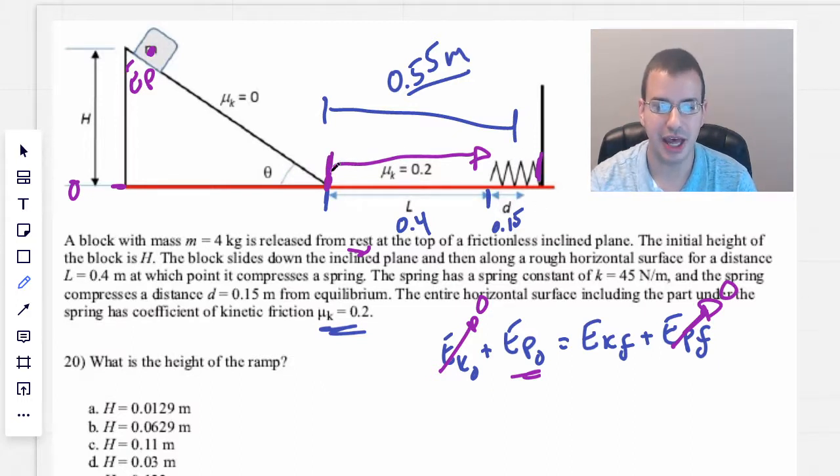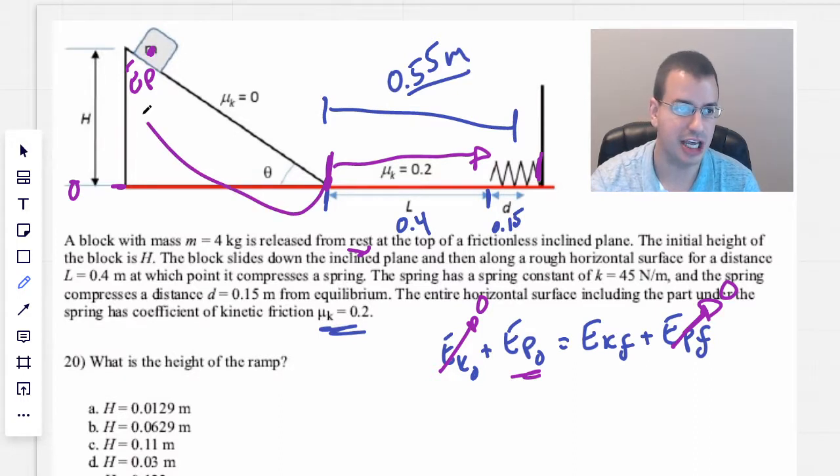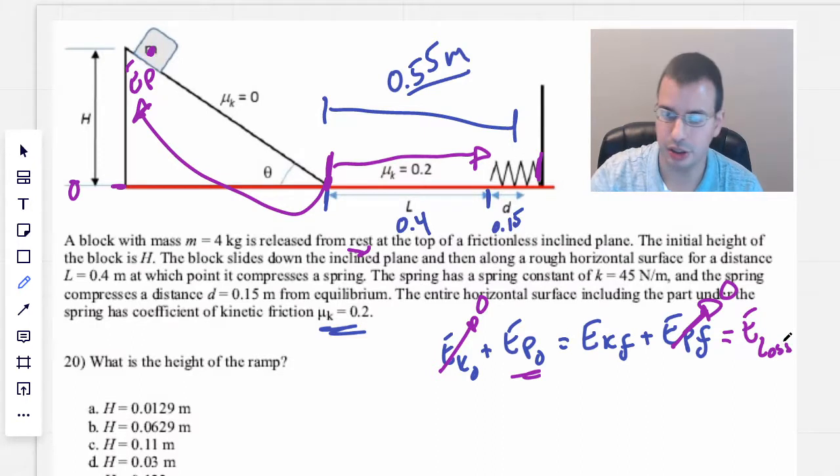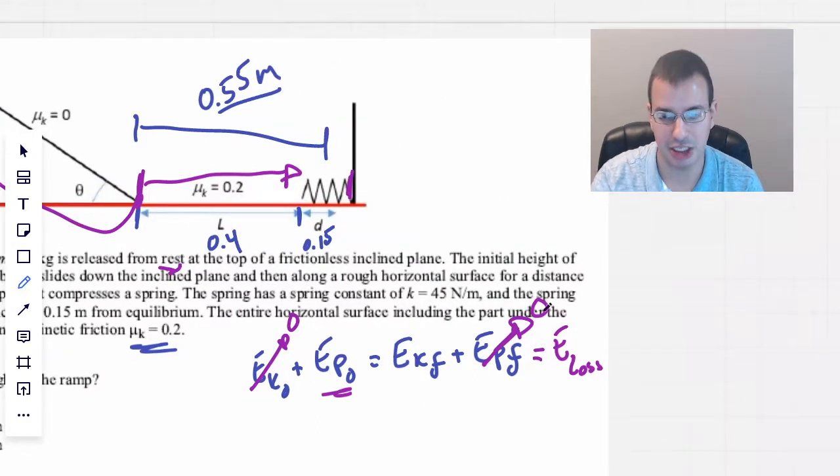We're then going to say that that amount of energy is the same as energy potential at the top. We could convert that to energy kinetic and then convert that energy kinetic all the way up to energy potential, but since we know they're all the same, this is energy loss to friction and spring.